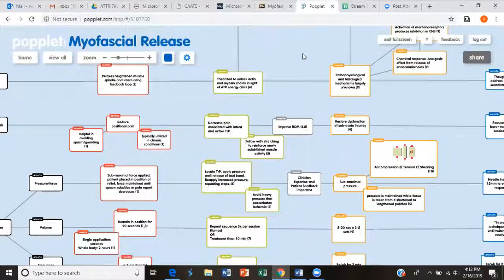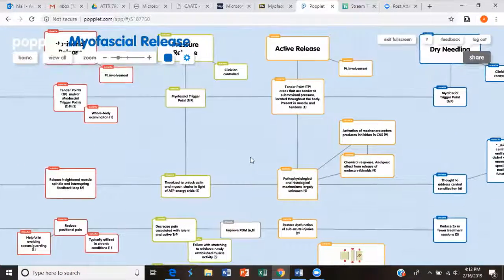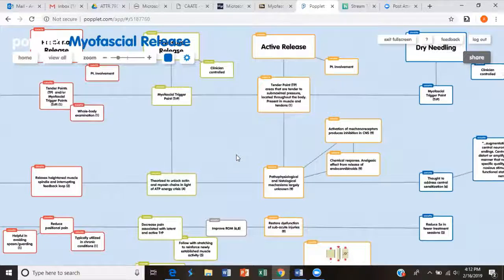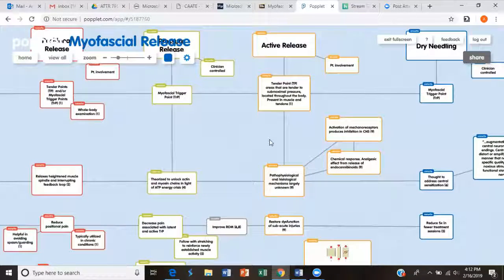One of the goals of pressure release is improved range of motion, which is also a goal of active release. Active release will restore dysfunction of subacute injuries. So somebody that's probably moved from the inflammation stage to the proliferative stage of healing.